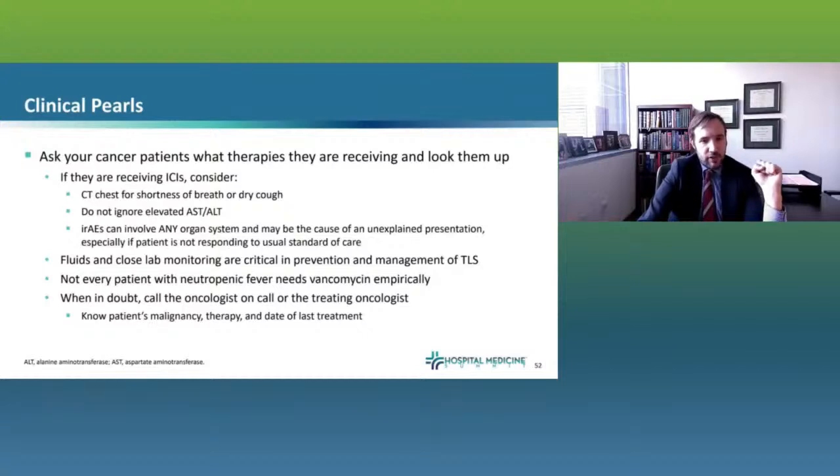Yes, friendly oncologist is always there to provide the clinical information that may be missing, or anything else you need to know regarding the patient's therapy and what management would be recommended. But yes, knowing the patient's malignancy, therapy, and date of last treatment are crucial things to be aware of when determining the appropriate workup and management of these patients.